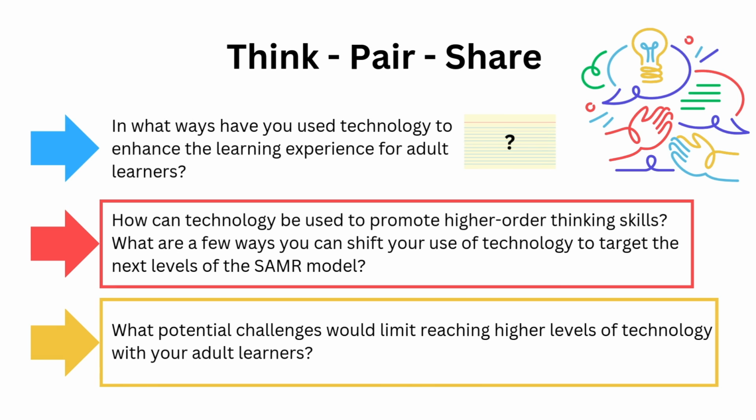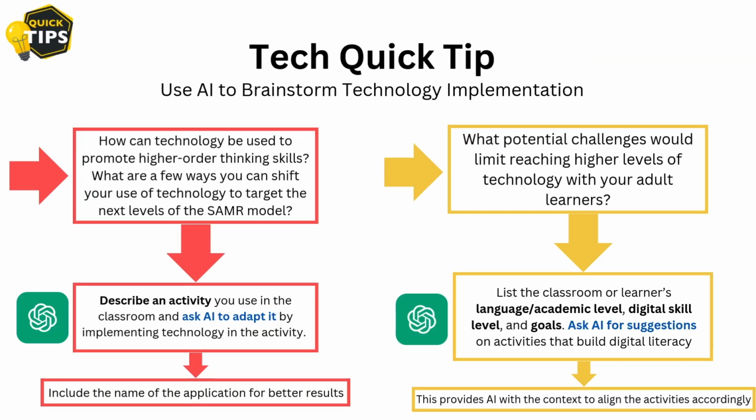Let's focus on these two questions in particular. If you're struggling to answer these questions, you may want to consider using AI, or artificial intelligence, to help you brainstorm ways to implement technology into your lesson.